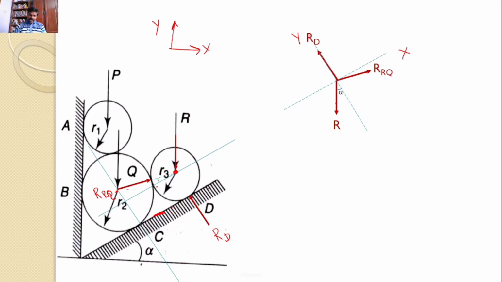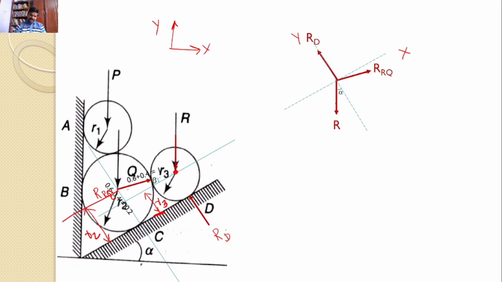Let this angle be beta. Now, we know this distance. This is R2 plus R3, which is 0.6 plus 0.4, equal to 1. And also you can find this distance. Clearly, this is the radius of the second sphere R2, and this is the radius of the third sphere R3.